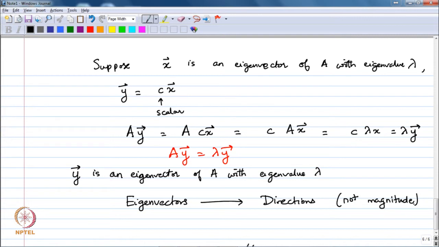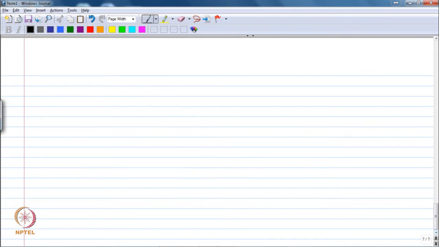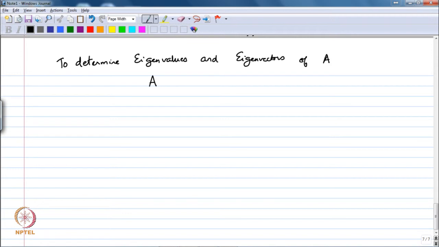Now, how do you determine eigenvalues and eigenvectors of a matrix? Okay. So, how will we determine the eigenvalues and eigenvectors of a matrix? So, suppose you want to determine eigenvalues and eigenvectors of A. We have an equation A x equal to lambda x, and you solve for x and lambda.